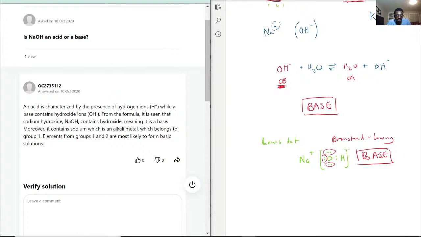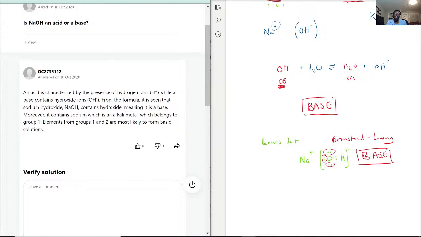And exactly, as was just mentioned, elements from group 1 and 2 are most likely to form basic solutions. I don't really agree with that per se, but the concept is still there that elements from group 1 and 2 like to dissociate, but specifically sodium has a high dissociation factor.